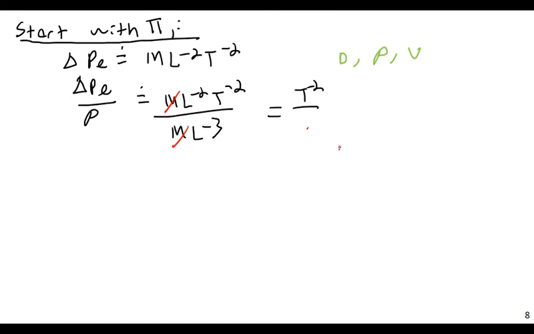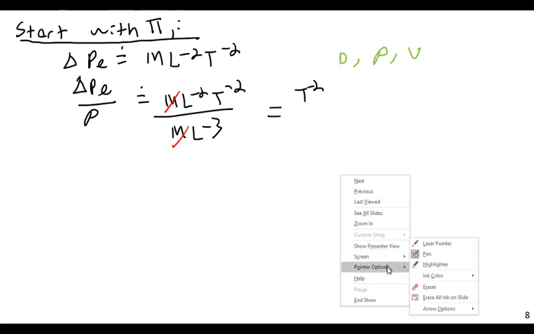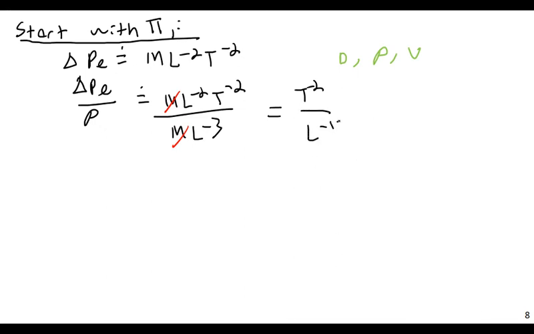Sorry about that, I said t to the negative 2 over L to the negative 1. That's correct, or just L over t squared, something like that. But anyway, what if I multiplied by diameter then?